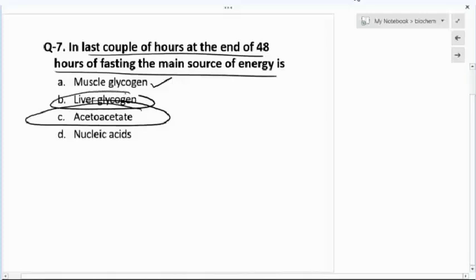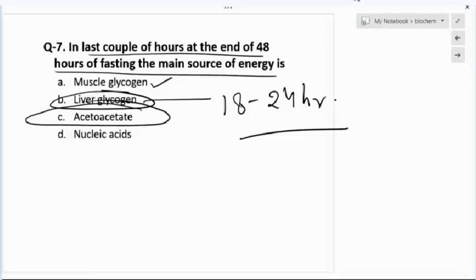Liver glycogen certainly supplies the glucose, but its stock lasts only till 18 to 24 hours, depending on the fed state of the individual, dietary habit of the individual. The liver glycogen is going to last only for 18 to 24 hours, but not beyond that. In this question, they are asking you the source of energy at the end of 48 hours. Nucleic acid does not provide you glucose or ATP.